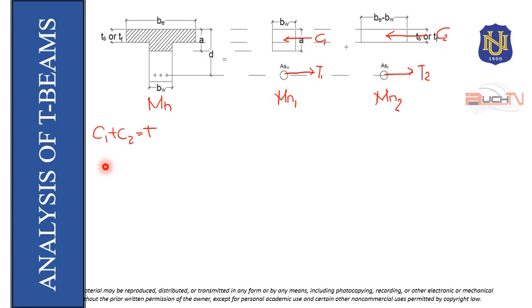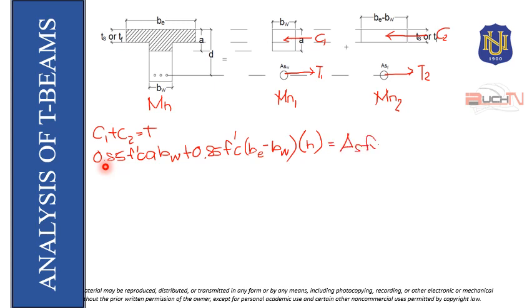So, that will be 0.85 f'c A times bw plus C2 will be 0.85 f'c, that will be be, or b sub f, minus b sub w times h, or ts, is equal to As fy.